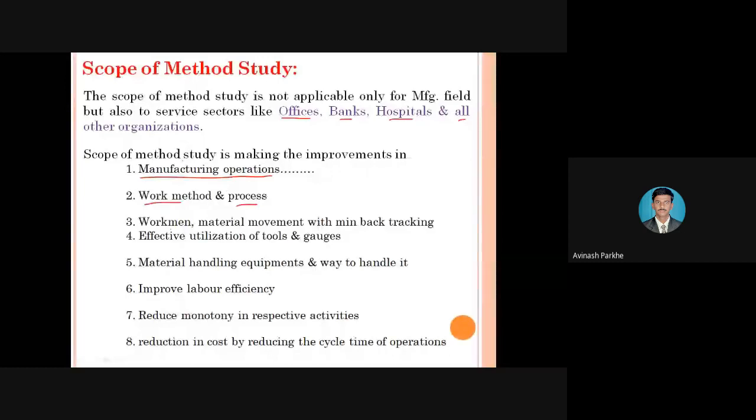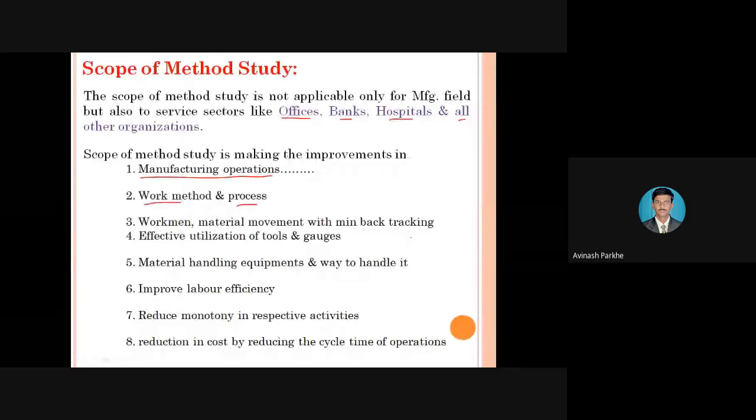Then third one is workman material movement with minimum backtracking. Just now we have discussed. Sometimes the material can be moved in repetitive operations. Maybe again it is coming from workstation number 4 to 3 to 1. That means backtracking will be taking place. Also, the workers operating on that particular machine take some backtracking.